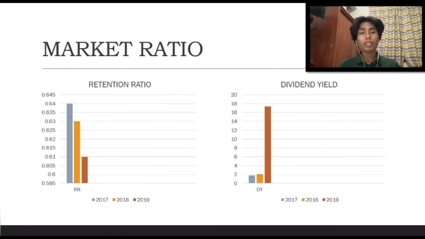For dividend yield, it shows how much the company pays out in dividends each year relative to its stock price. From the chart, we can see that the highest dividend yield is in 2019. It happened because of the decrease in the market price of the stock.